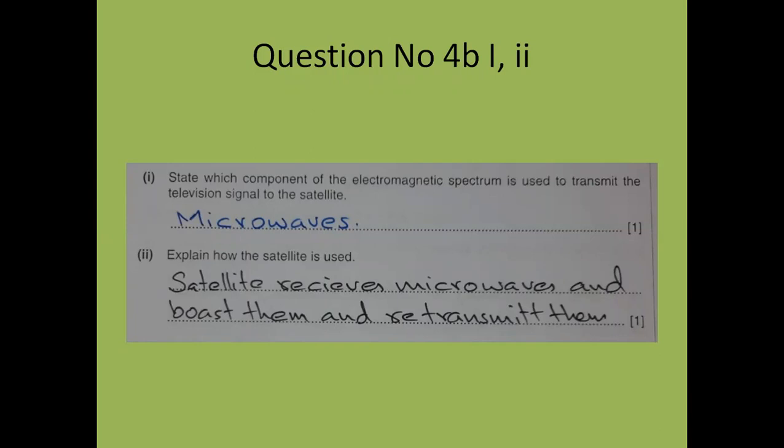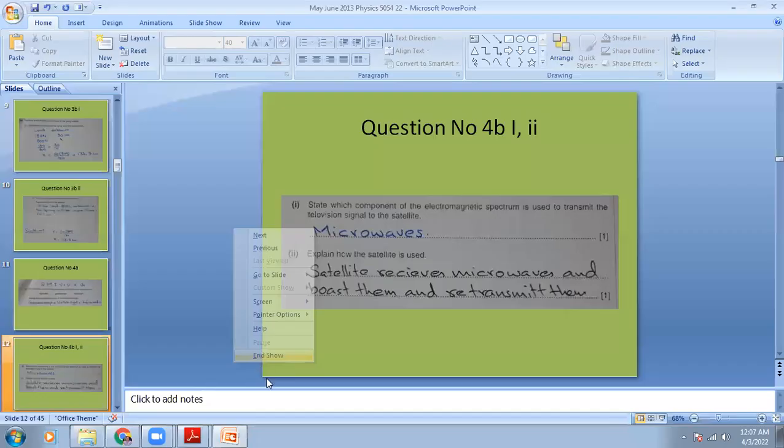On the ground, we have dishes, and those dishes catch that signal, and with the help of the decoder, we can watch the programs. So the satellite receives microwaves, boosts them and retransmits them. So that is our answer.